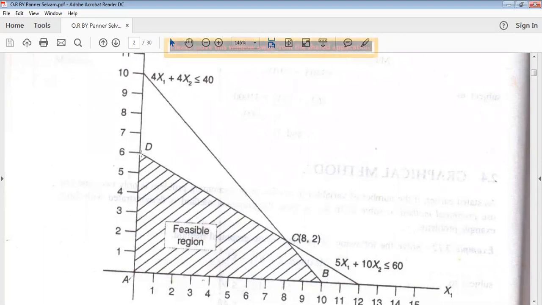Whereas the first constraint is 0, 6 and 12, 0.